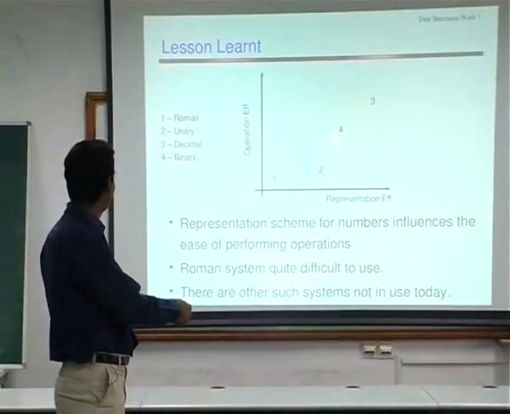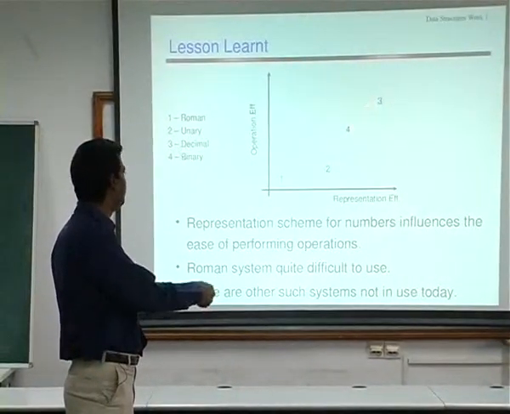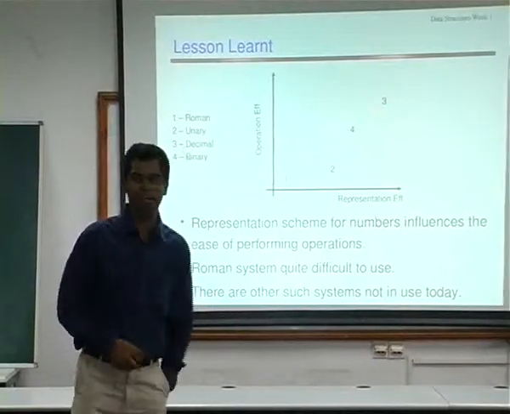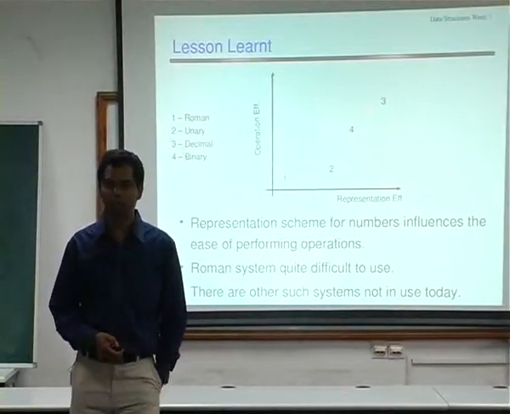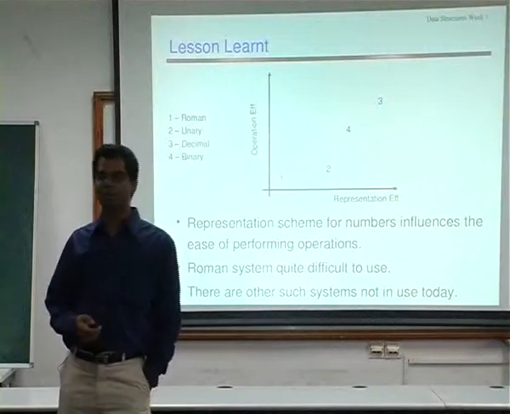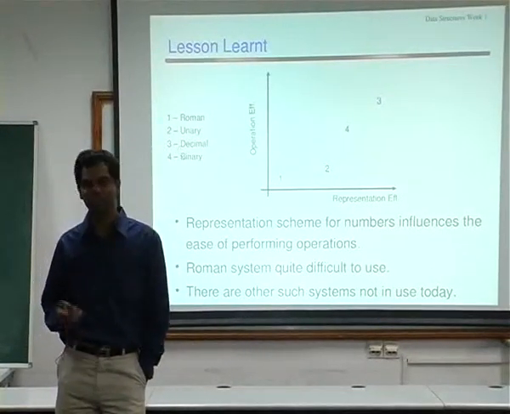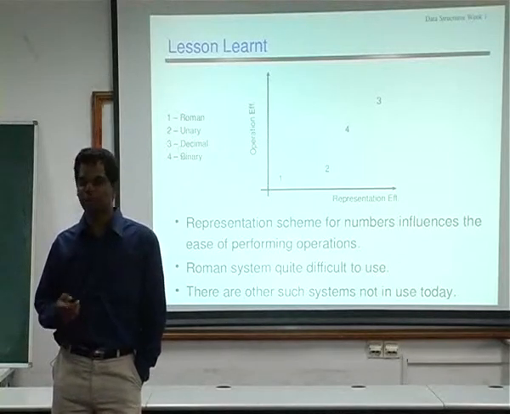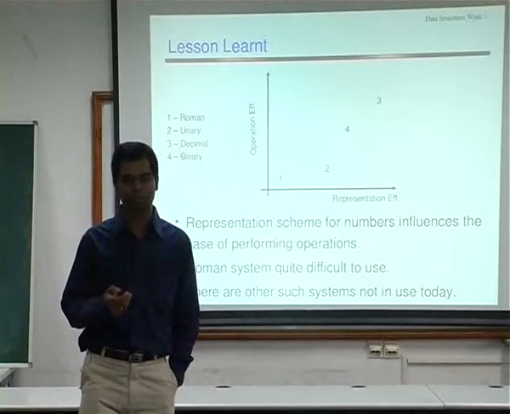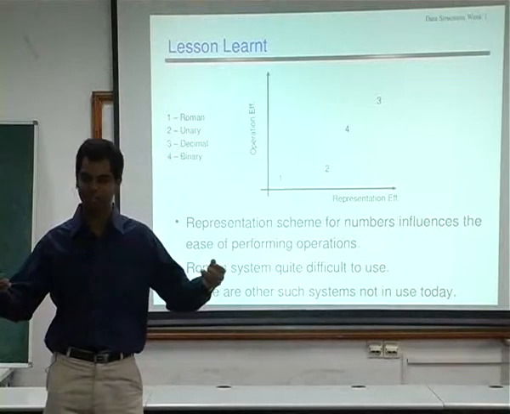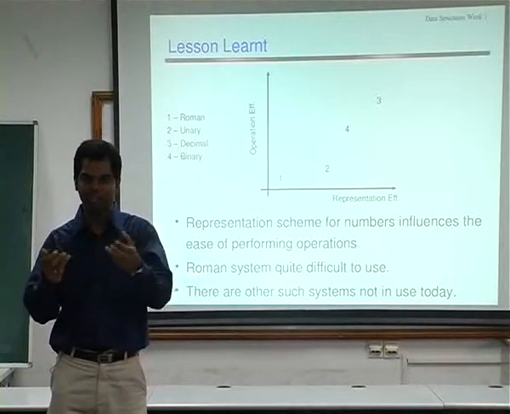Now I want to put the binary system maybe along this 45-degree line with respect to the decimal system, simply because addition and multiplication still mean the same thing in decimal as well as binary, but representation is slightly cumbersome because you have large things to consider for the smaller.